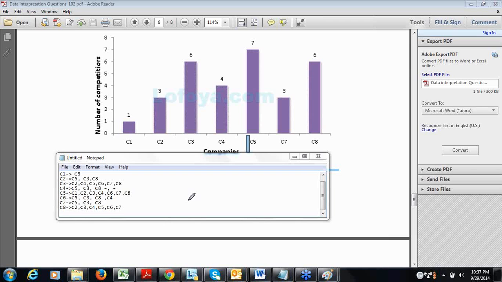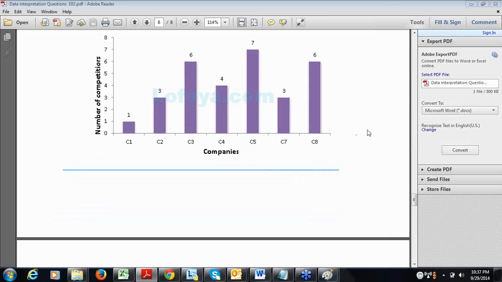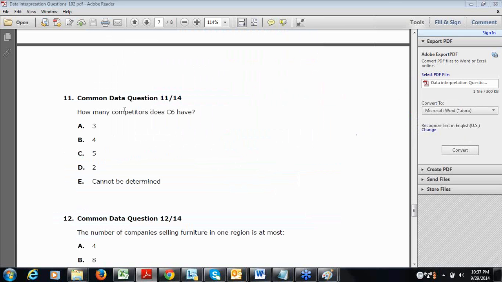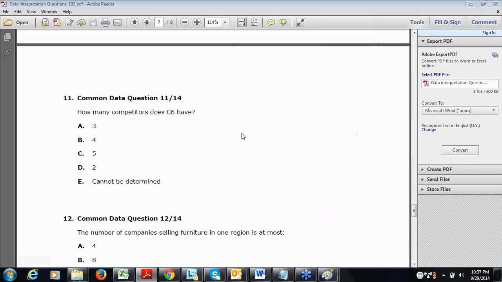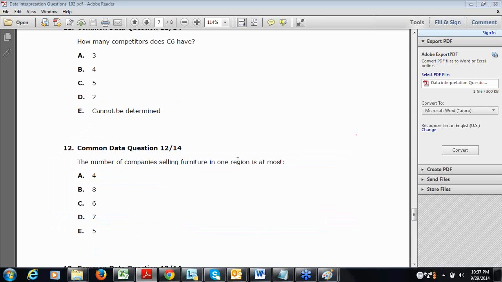Now when this has been written, the first question asked is how many competitors does C6 have? C6 has 4 competitors. So we'll go ahead and mark option B, 4 competitors.